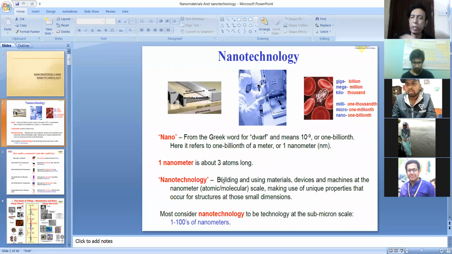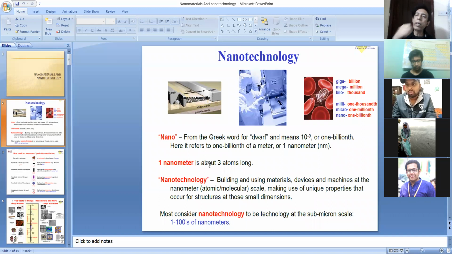But the chemists actually prepare that nanoparticle for them. So building of a nanoparticle is also nanotechnology, and using that nanoparticle is nanotechnology.